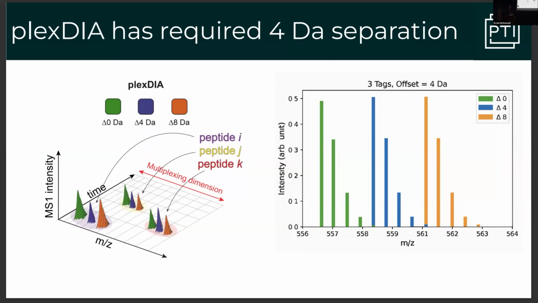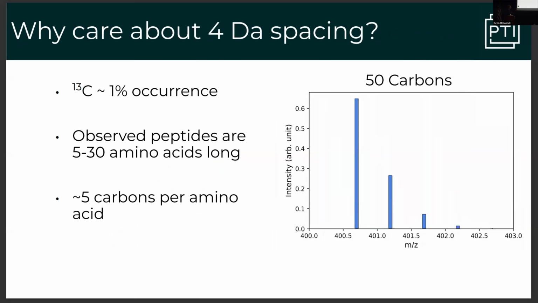I mentioned this 4-Dalton spacing, and why do we care about this? Just to briefly labor the point, historically we wanted to minimize the isotopic overlap between the channels. To give a brief explanation, it's probably very clear to most people that carbon-13 occurs naturally. So for a typical peptide, you get a distribution like this.